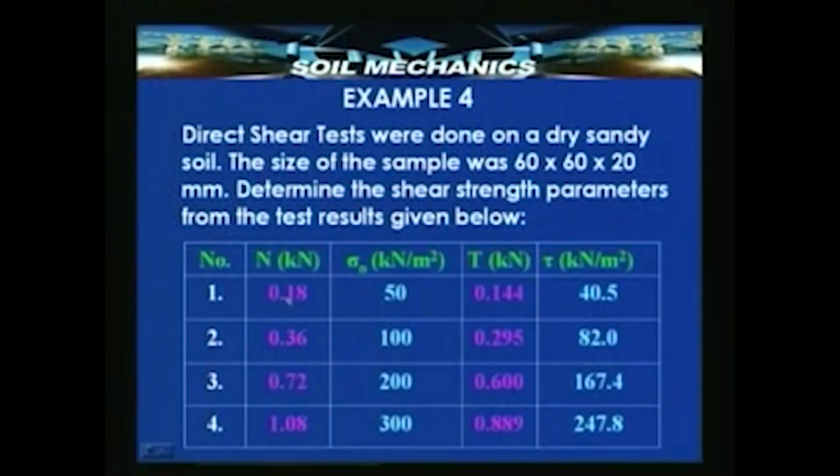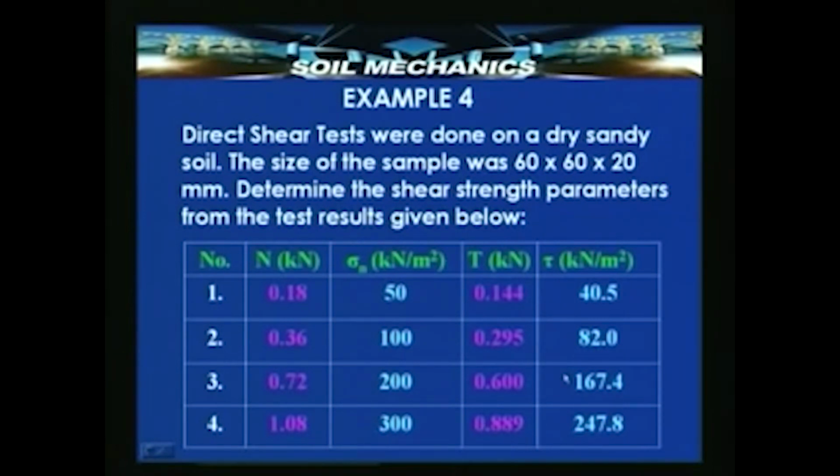Now, the shear strength of the specimen under such drained state in a direct shear test can be very easily determined if we know the normal stress, shear stress values for at least 3 tests. So, here is an example where the normal load, normal stress, shear load or tangential force and the shear stress are known for 4 different tests.